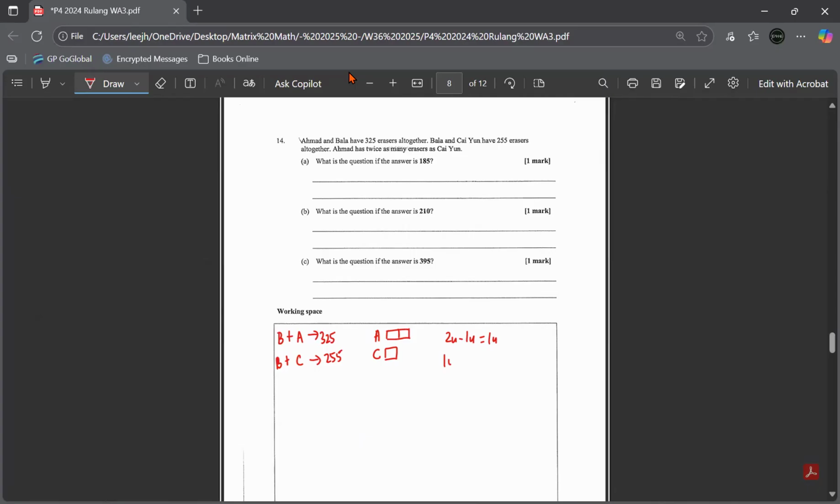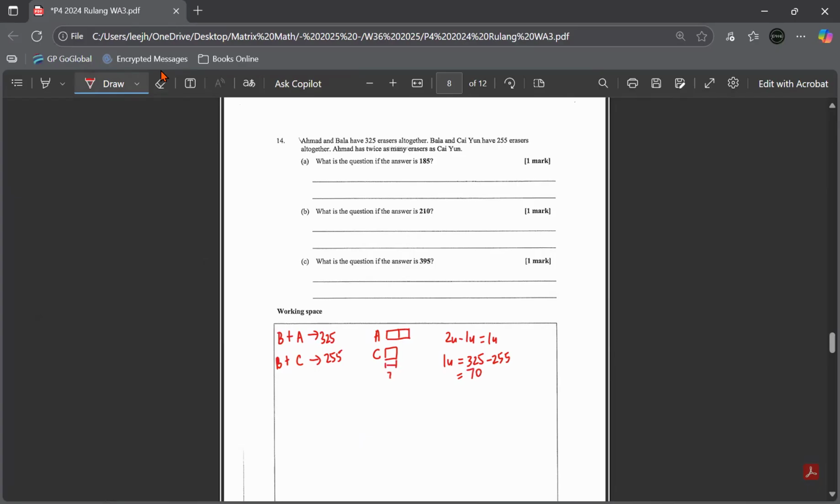So we can find the value of 1 unit. I write equal. So how to find 1 unit? It is 325 minus 255. 325 minus 255 is 70.